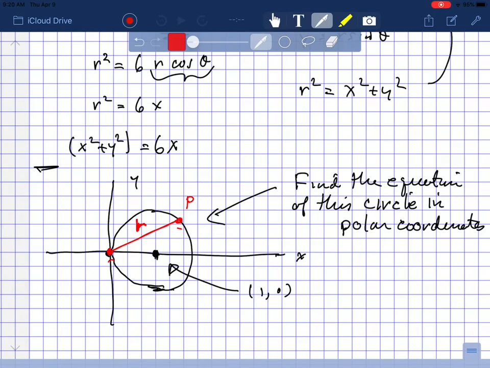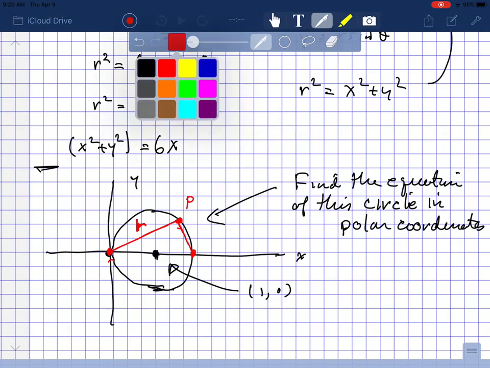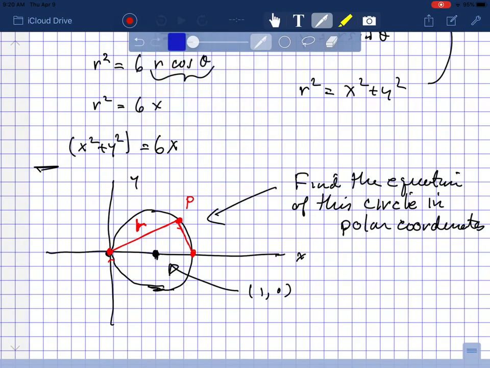Right? And then I'm going to come down here to this point, and connect P to this point down here. Now, here's where something that you studied years ago comes into play, and that's a little bit of geometry.